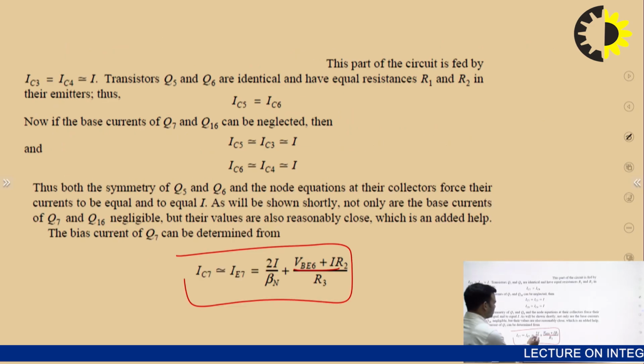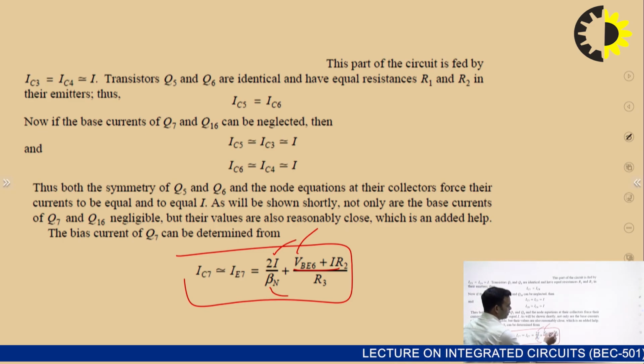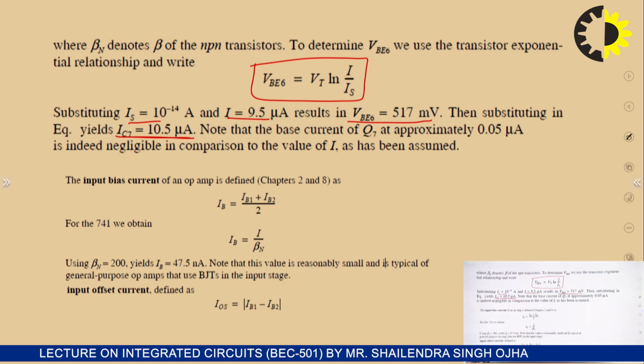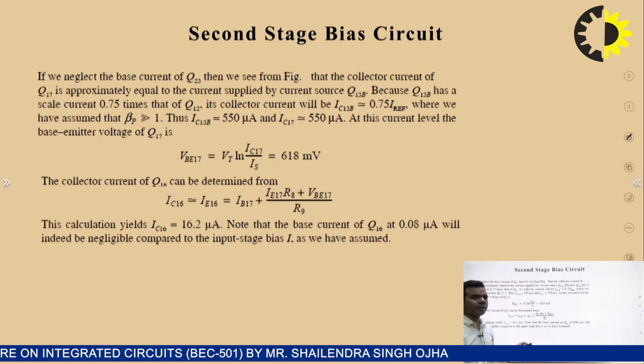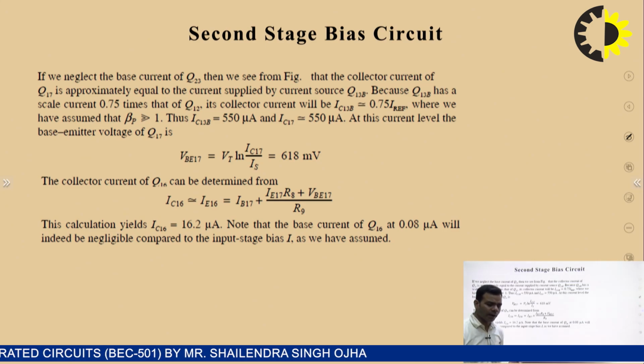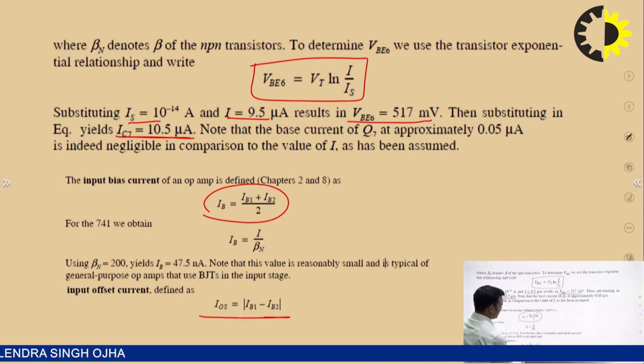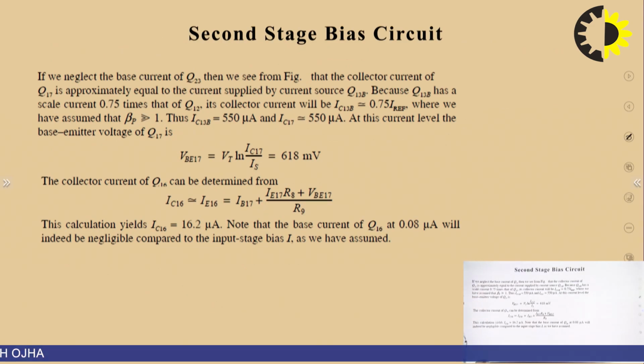Now you know the value of I, the value of beta, the value of VBE6, these two values, and the value of R3. So you can find out that IC7 is 10.5 microampere. For any case, if you want to find out the bias current, bias current is the average of the two and offset current is the difference of the two and their mode.